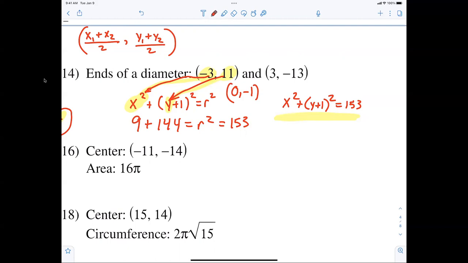Plug -13 in, what do you get? Negative 169. Oh, wait, same thing, because negative times negative is positive. Very good. You good with that or not?